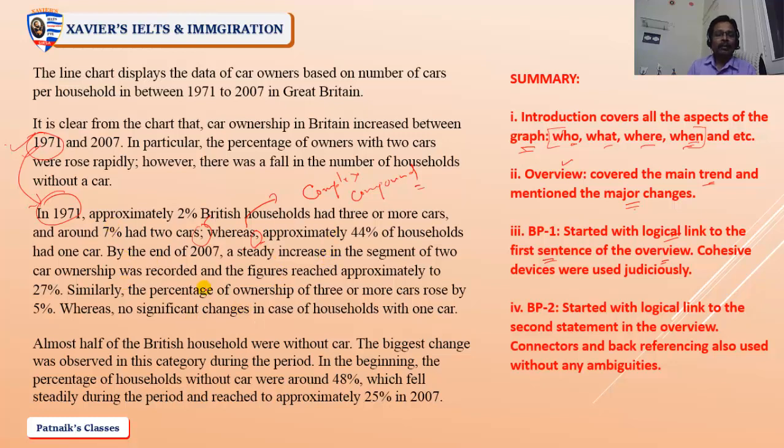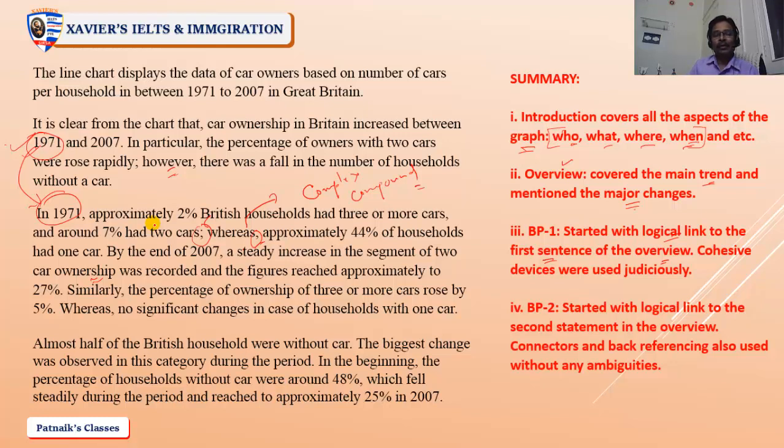And then by the end of the segment of 2 car ownership, similarly here it's also a referencing back, right? Similarly, I'm comparing, right? It's a comparing connector. So however, see, I've used however once, and I tried not to use however again. I could have used it, but I have not. I tried to omit however the second time, right?